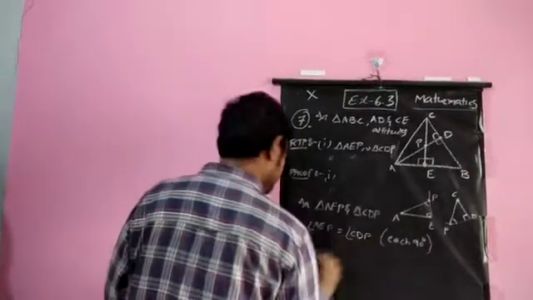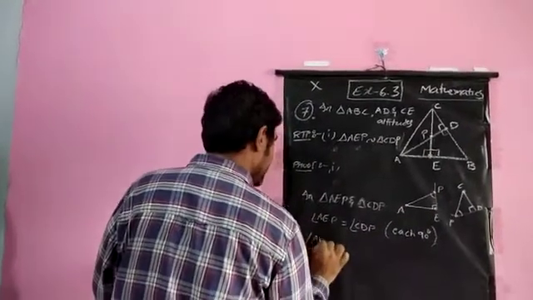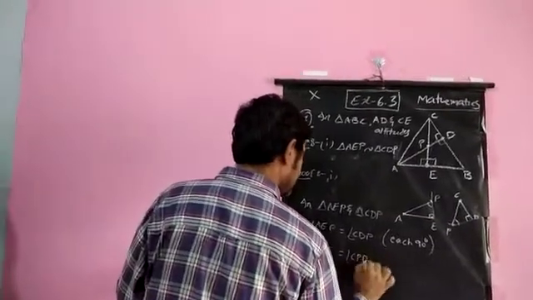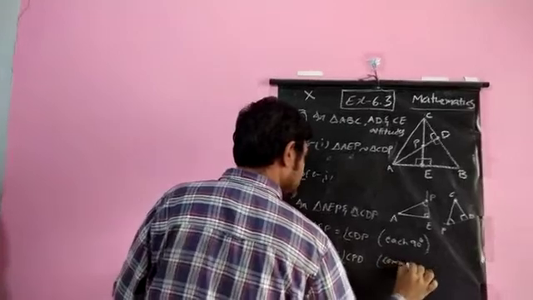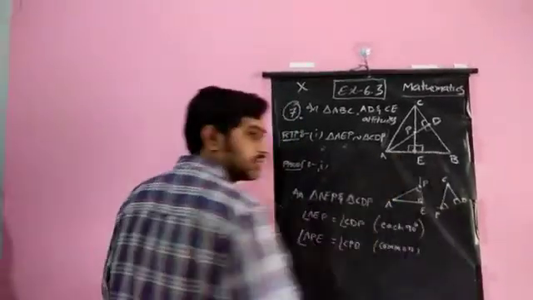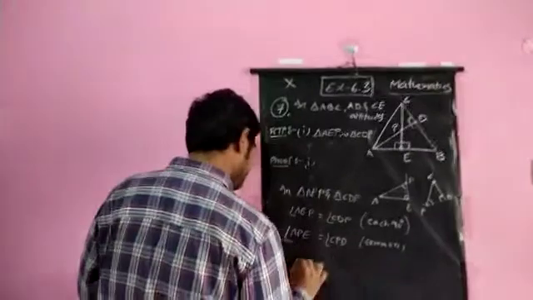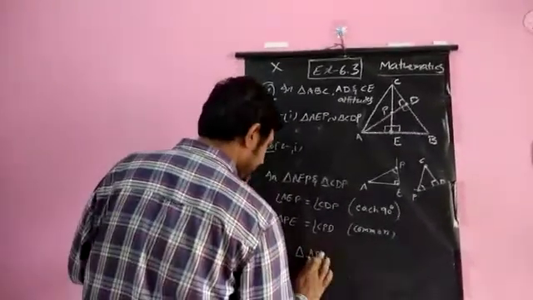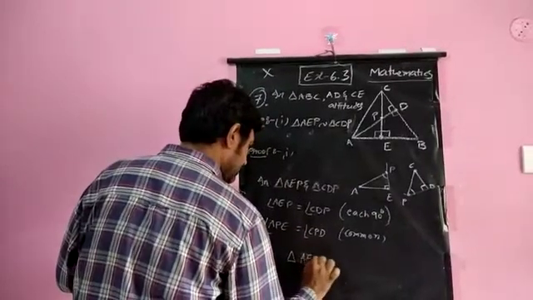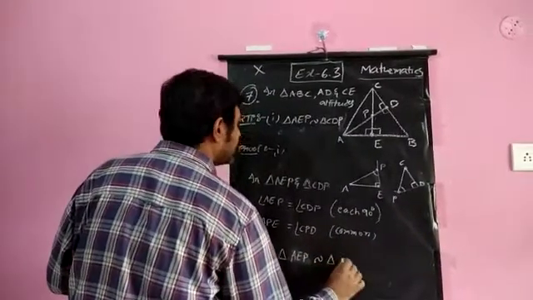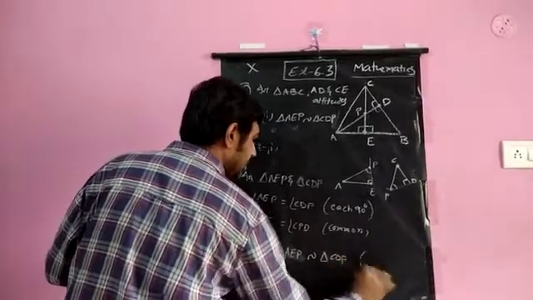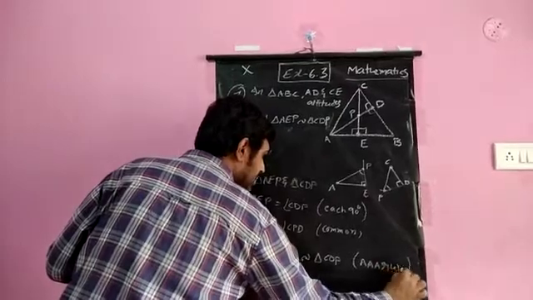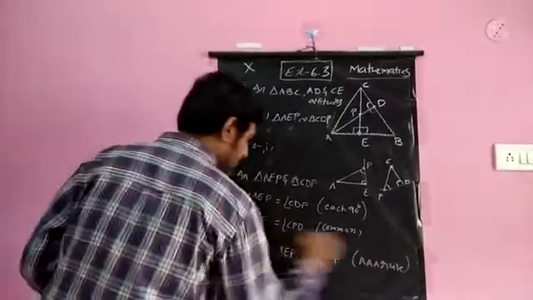The other one is the common angle, angle APE equals angle CPD, common in both triangles. So two angles of this triangle are equal to two angles of the other triangle. Therefore, triangle AEP is similar to triangle CDP. We also need to mention the similarity rule, that is the angle similarity rule. Hence, this is the first one.